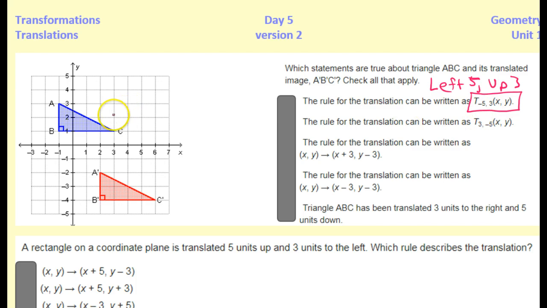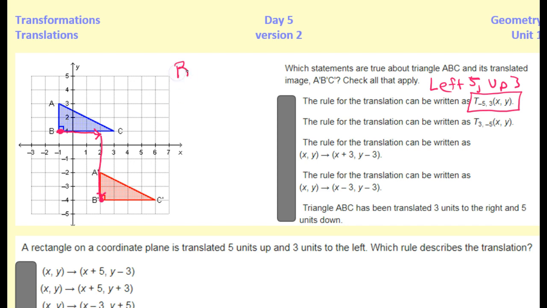Okay, now let's see what actually happened. Focus your eyes on point B again. So to get from point B to point B prime, we would have to go to the right by 3 and down 5.